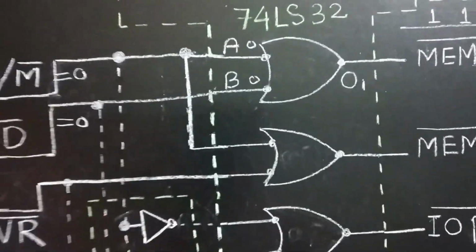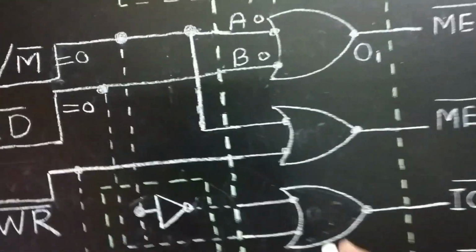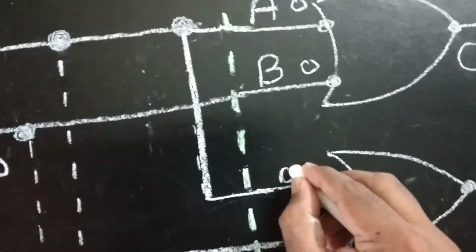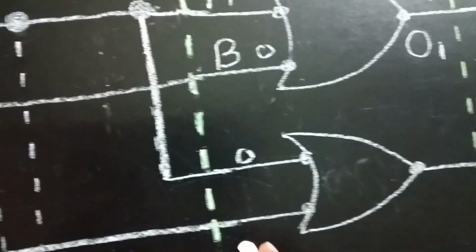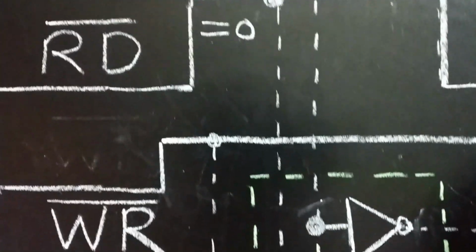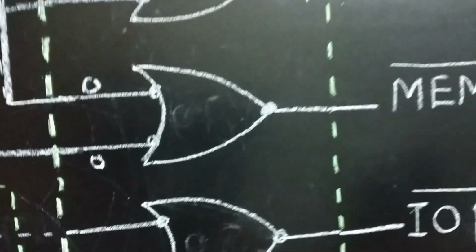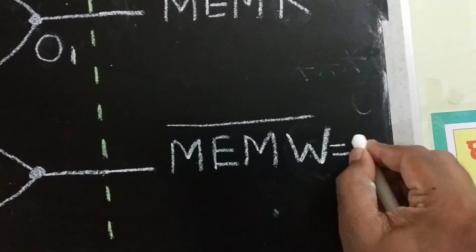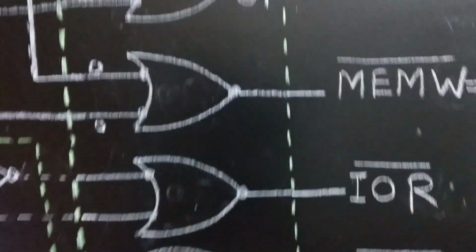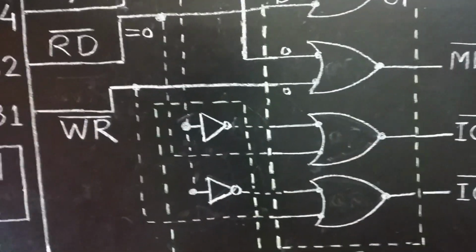Thus in this condition, again you can see, because it is a memory operation, this will be equal to 0, and because it is a writing operation, this is also equal to 0. Thus this memory write will also be equal to 0. So in this way this memory write signal is generated.